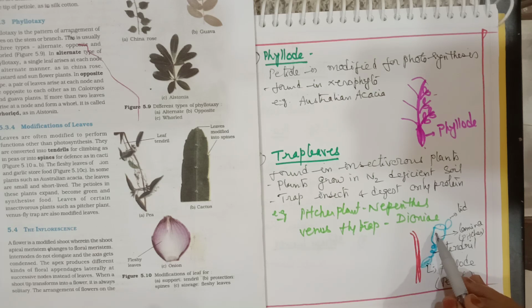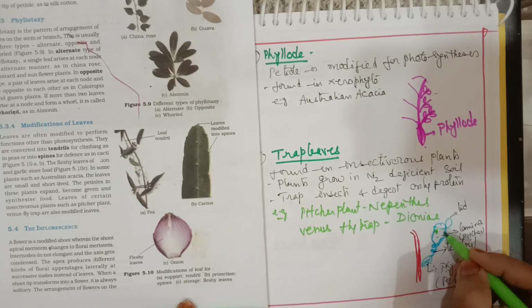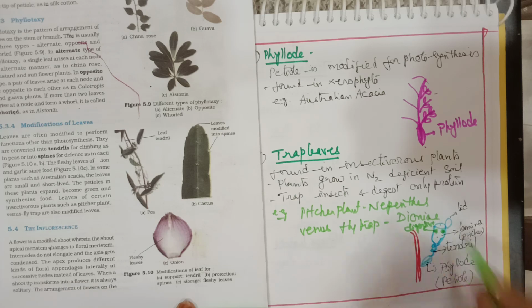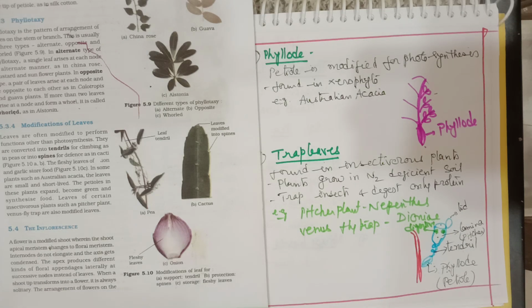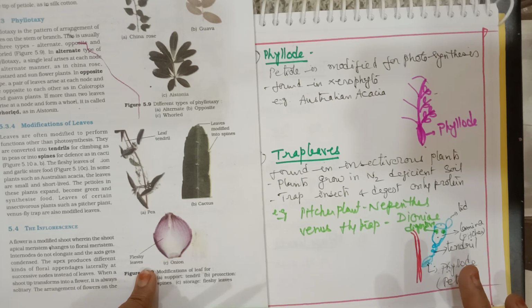The pitcher has digestive glands within it. These digestive glands secrete proteolytic enzyme, and then the protein part will be digested. That's how they absorb the protein part, and the remaining part will be eliminated. So this is the mechanism in the case of trap leaves.